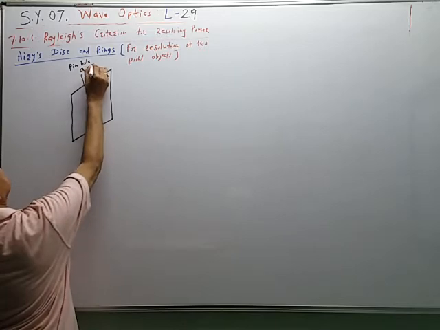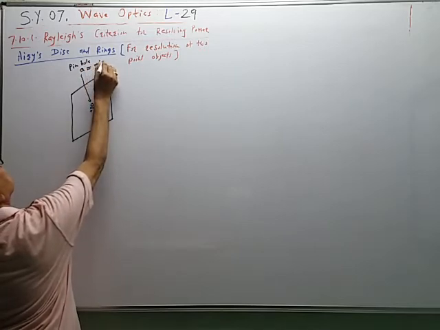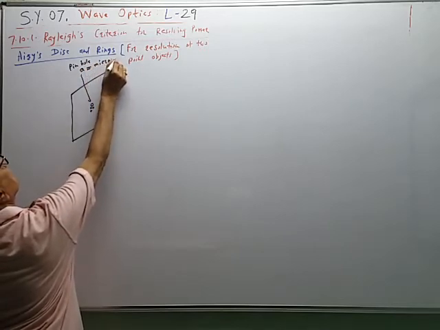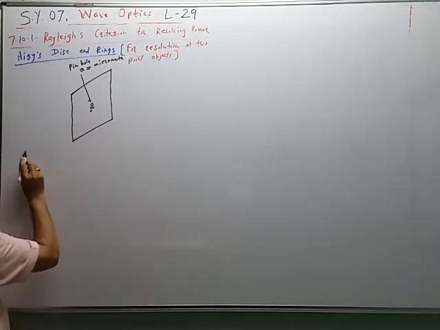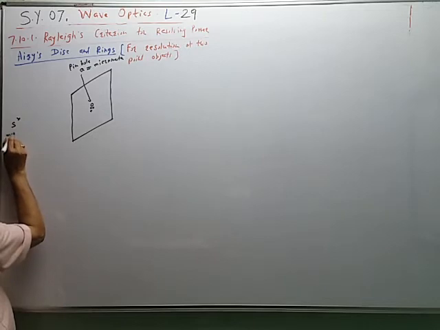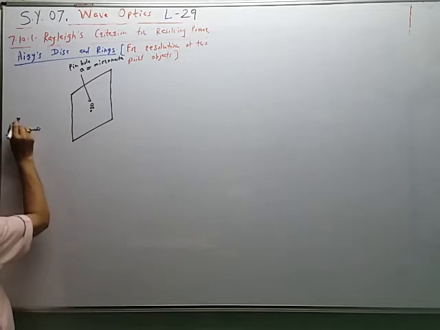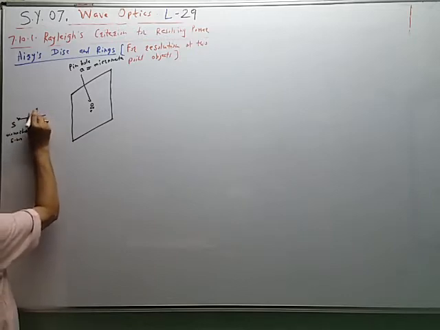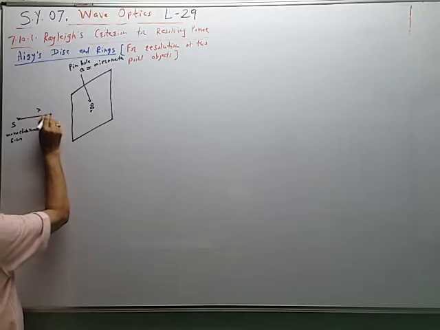Aperture A is of the order of micrometer. On this side, S is a monochromatic source, so it produces light of wavelength lambda.